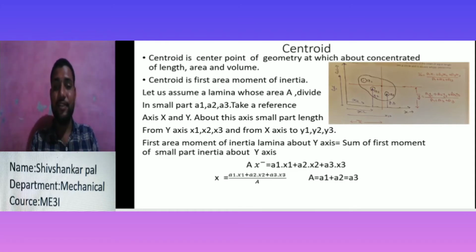Let us assume a lamina whose area A is divided into small parts A1, A2 and A3. Take reference axes x and y.